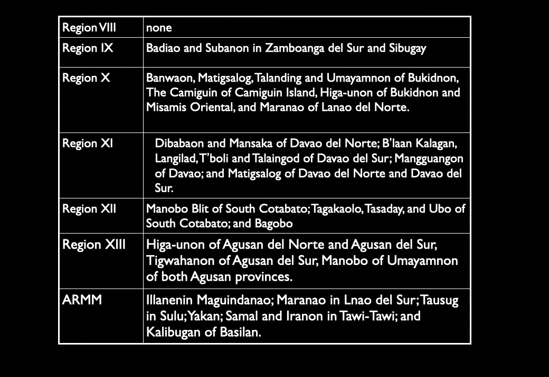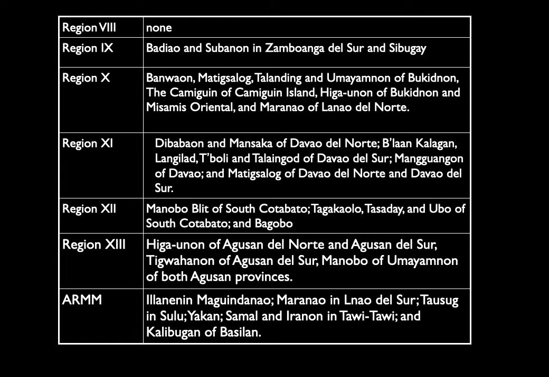In Region 11, we have Dibabaon and Mansaka of Davao del Norte, Bilaan, Kalagan, Langilad, Tibuli, and Talaingod of Davao del Sur, Mangguangan of Davao, and Matigsalog of Davao del Norte and Davao del Sur. We have in Region 12, Manobo Blit of South Cotabato, Tagakaolo, Tasaday, and Ubo of South Cotabato and Bagobo.